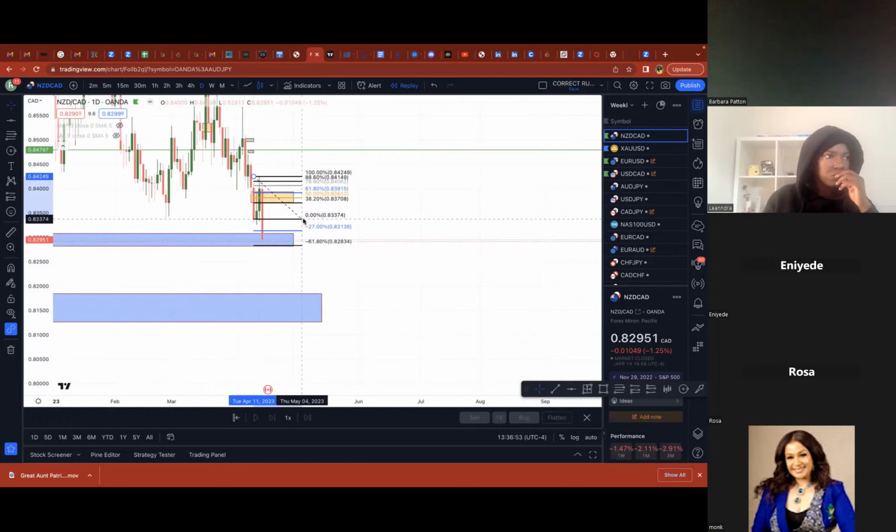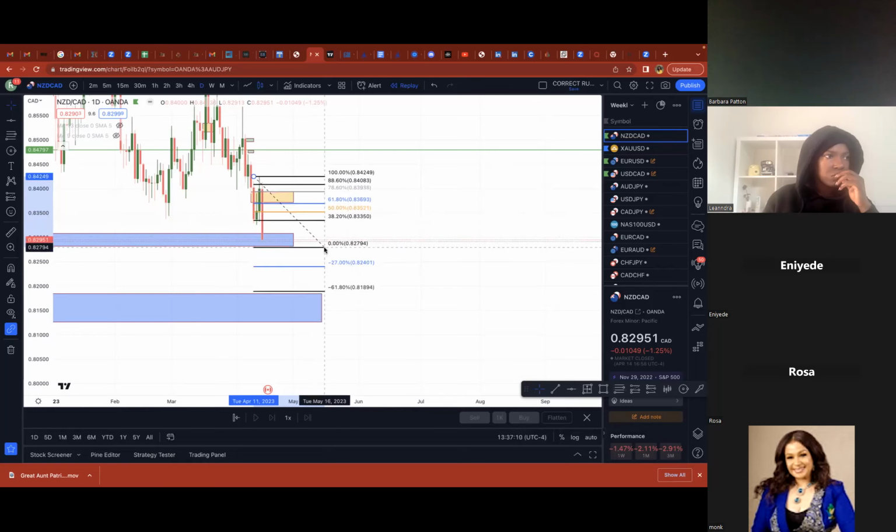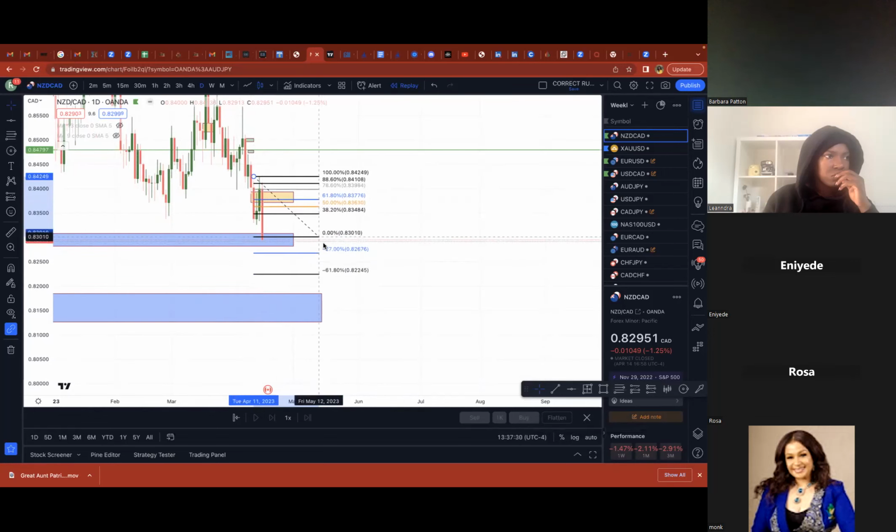We're going to see what the next daily candle is, and we'll put it at the bottom of the wick so that we can see where our take profit is going to be. So when the chart gives us more information, we adjust our fibs and we act accordingly.